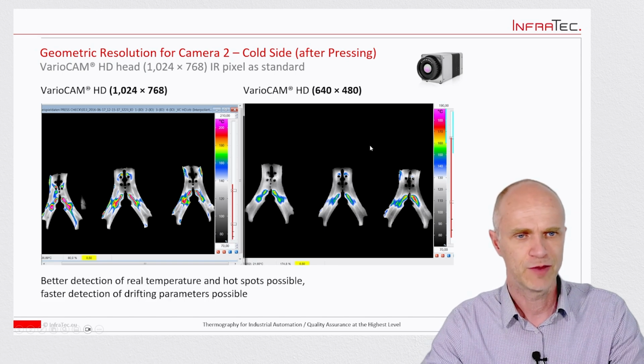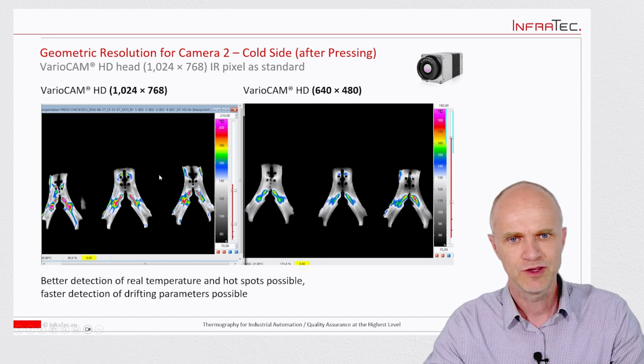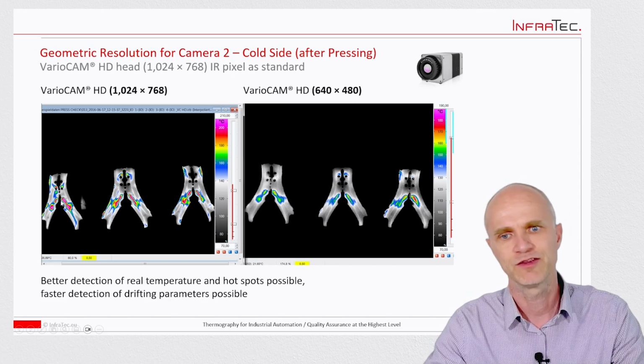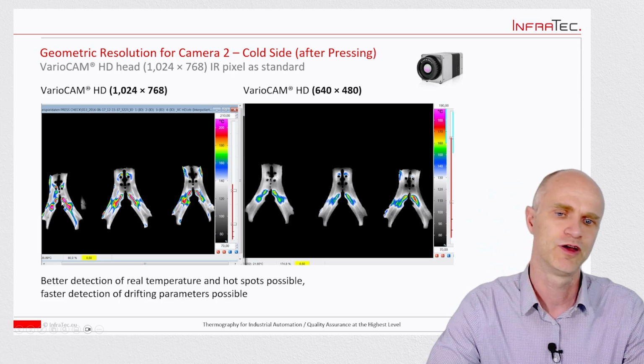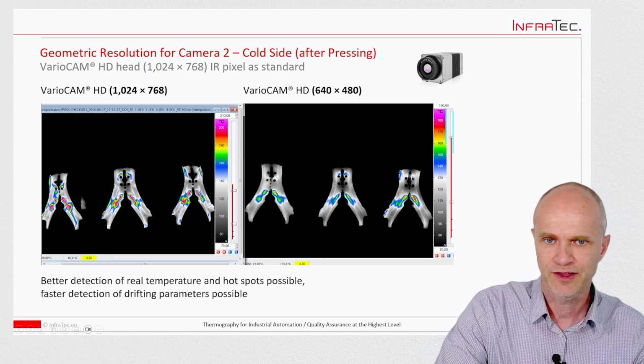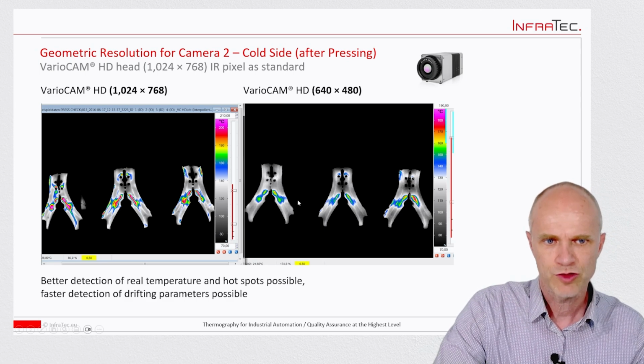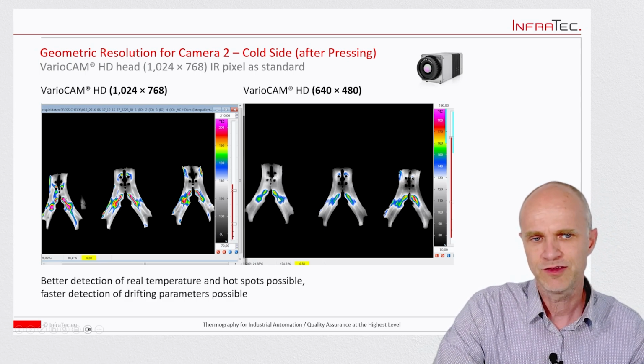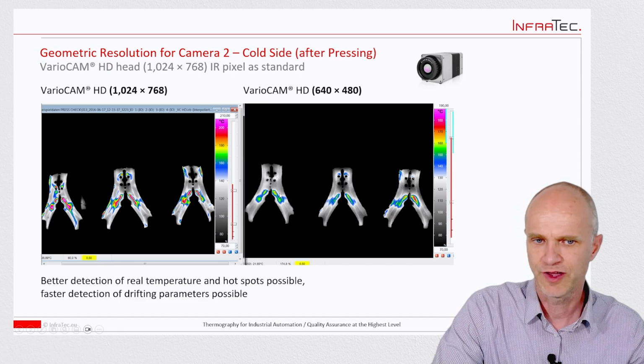We have both cameras available, but you see very easily on the left side, it's much easier and faster possible to detect any hotspot here, which is not showing, at least on the right side, or in a much longer way, or even not possible to detect.